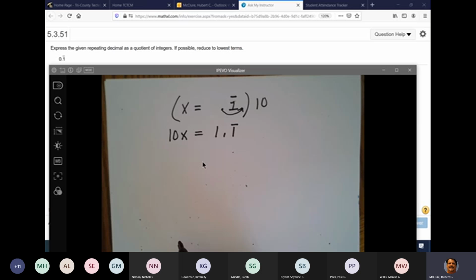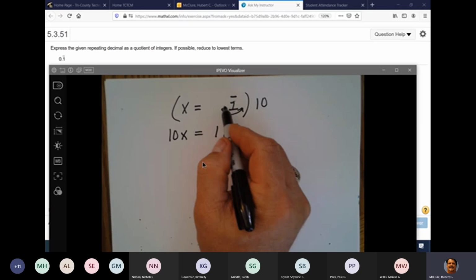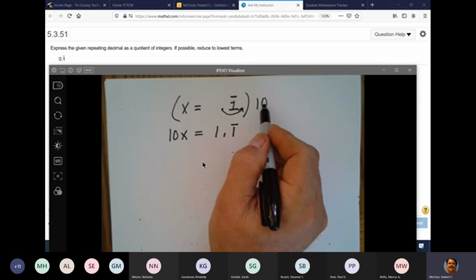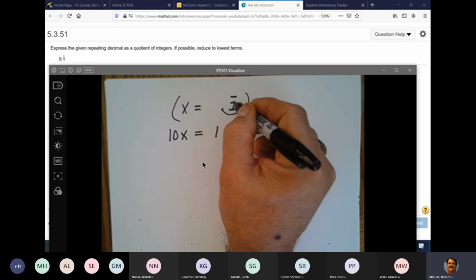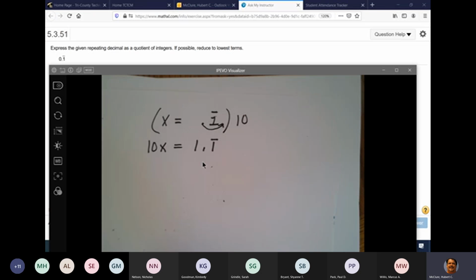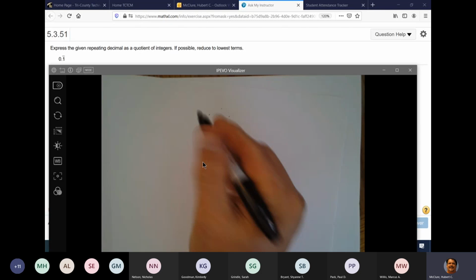You could multiply by 100 if you wanted to. But since this is a 10th, I'm going to multiply by 10. Now, the book may want me to multiply by 100, but usually you multiply by 100 when this is a 100th. I'll give you an example. Let's say I give you x is equal to 0.01 repeating.